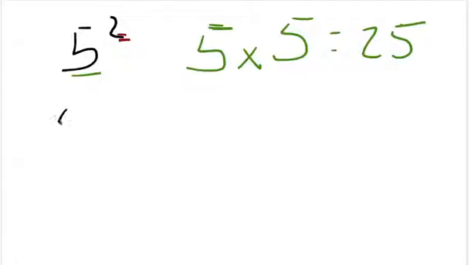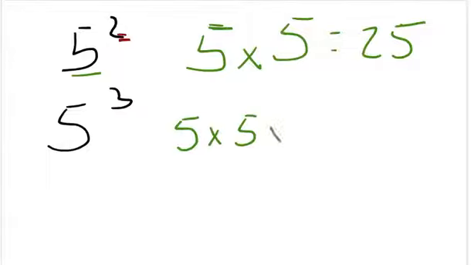Well, what about 5 to the 3rd? What would that be in expanded exponential form? That would be 5 times 5 times 5. Because my base is 5, my exponent or power is 3, so I'm going to do repeated multiplication of the number 5 that many times. So I know that 5 times 5 is 25. So I have to do 25 times 5.